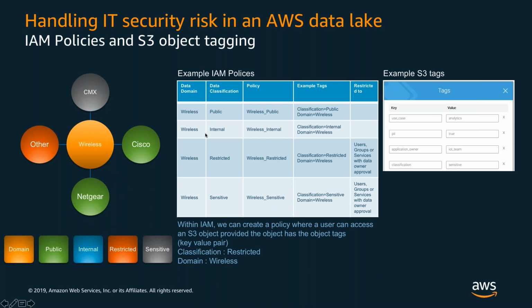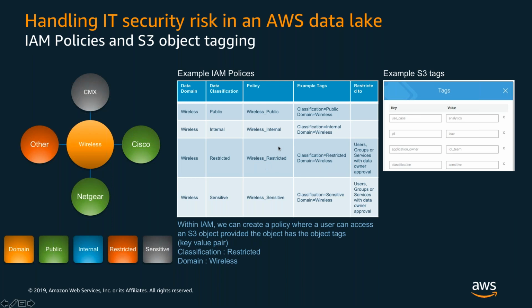Now, what I'm able to do is create those S3 tags to represent each of the data classification types within a particular data layer, as you can see with those folders. And then I can use those words within identity access management.